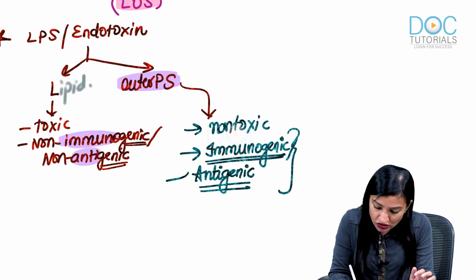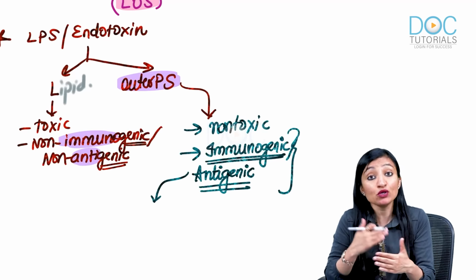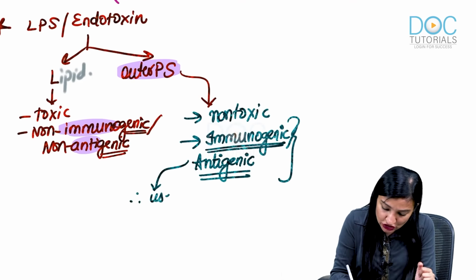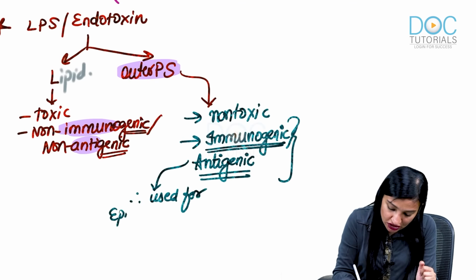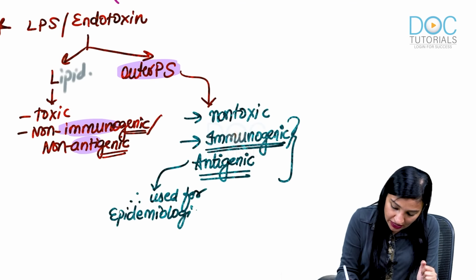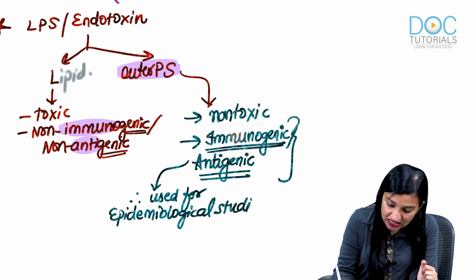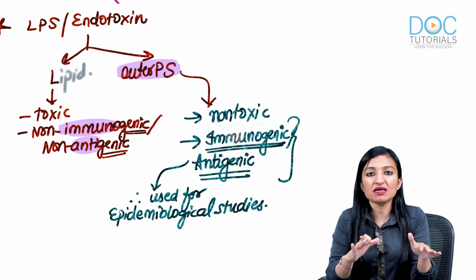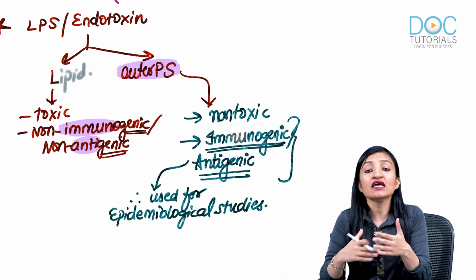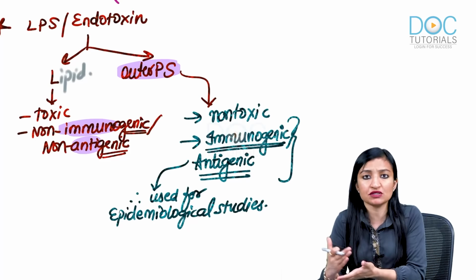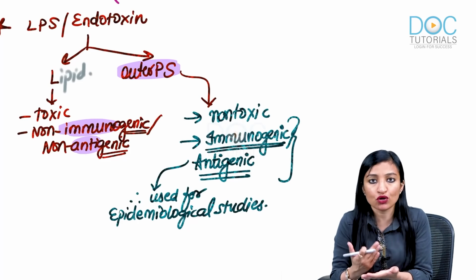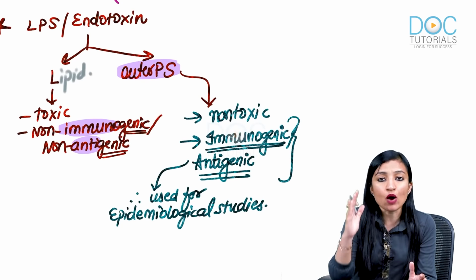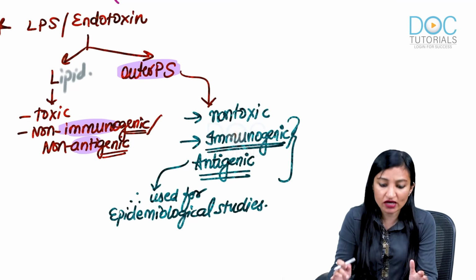So because of the property of being immunogenic or antigenic, the outer polysaccharide is used for epidemiological purposes, or studies, meaning in an area we can find out how many people residing in a particular area are infected with, say, a particular serotype of a particular kind of microorganism. So that is the significance of knowing the fact that outer polysaccharide is immunogenic or antigenic.